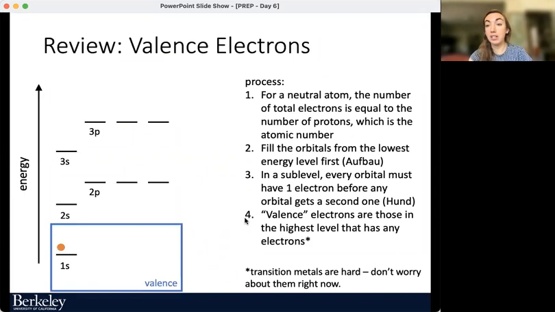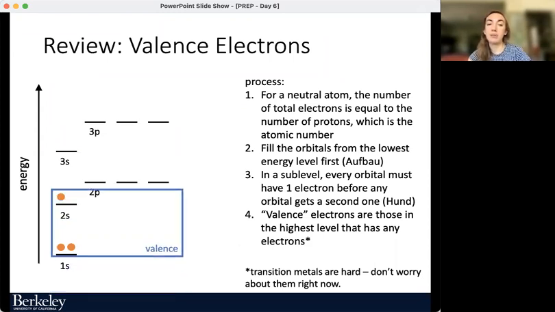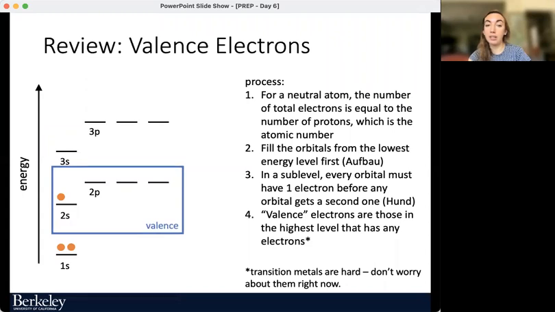So for hydrogen, there's 1 electron, it is a valence electron. And there's 1 valence electron, no core electrons. So core electrons are any electrons that aren't the valence electrons. There are none of those here. Helium has 2, it has a full valence shell. Then when we move on to lithium, we have 3 electrons.